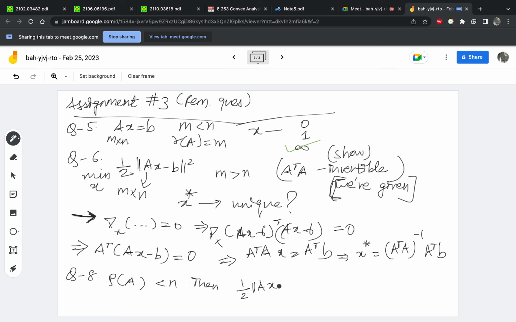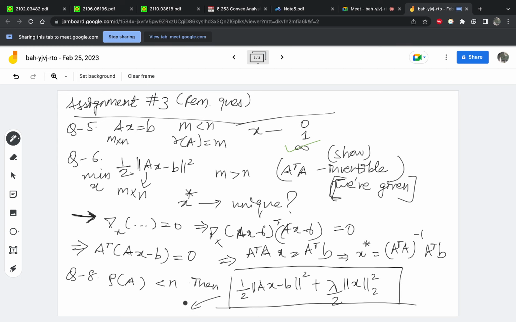So you can again minimize the same term, but you add something which is in your control. You add this term which controls how big or small your solution is. So you minimize this instead. So this is a richer objective, right?